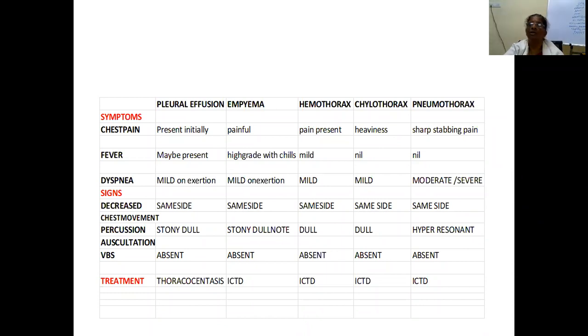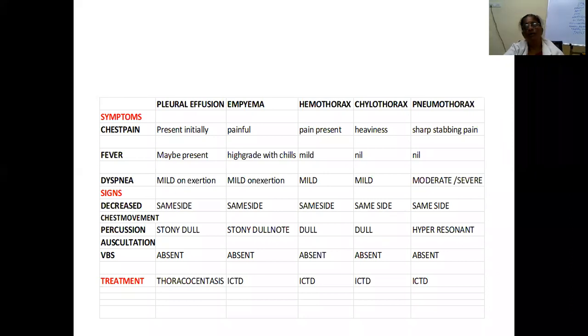with acute dyspnea. And signs. Similarly, decreased chest movement will be present in all the conditions where the pleural cavities are occupied with something or other, fluid or air. Definitely, the chest movement will be decreased because of the underlying lung collapse.